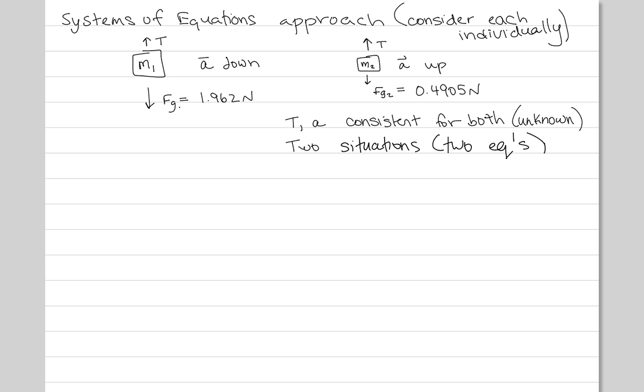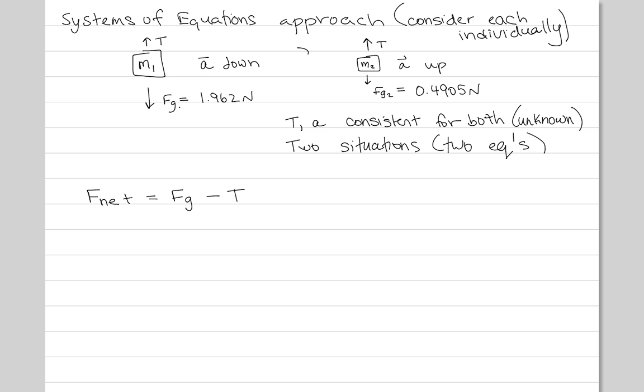So for the first one, you have F net equals, which one's larger for the first one? So you go Fg minus T. Yep, this is equation 1.